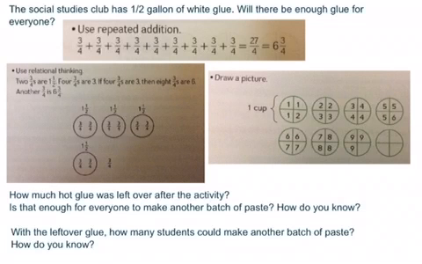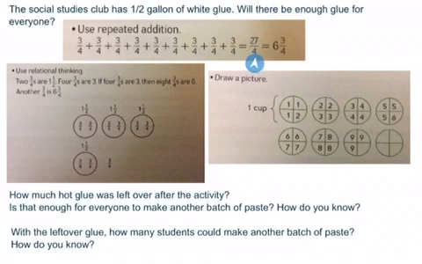You could have said, well, each one needs 3/4, so 3/4 plus 3/4 plus 3/4 all the way up in order to get to 9 people, right? 9 people is why I have 9 of these, because there's 9 students. That would equal 27/4.